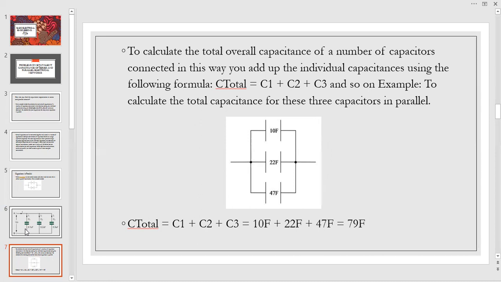C1 equals 10F, C2 equals 22F, C3 equals 47F.